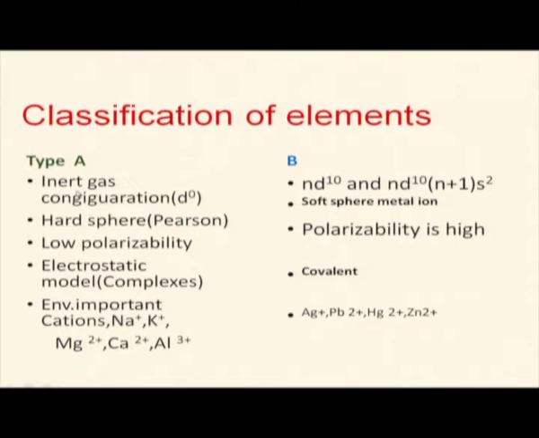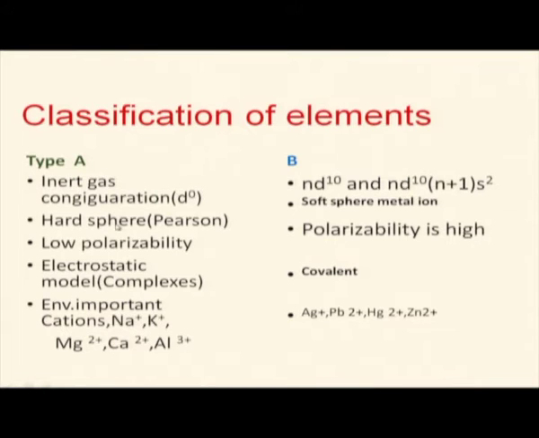Type A metals, which form complexes, usually have an inert gas configuration, that is, the d orbital will be 0. But type B metals usually have unfilled d orbitals, anywhere up to d10.